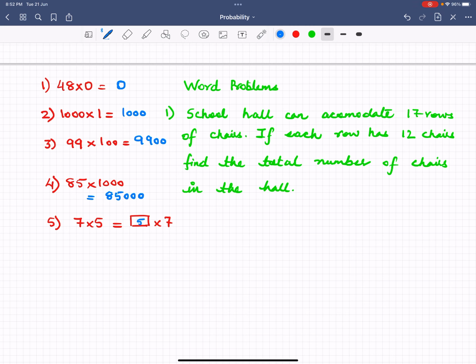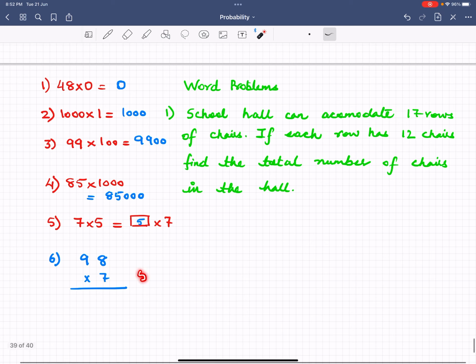Then for question number 6, we had a multiplication of a 2-digit number, 98, with a single-digit number, 7. 7 8s are 56. So here I'm multiplying 7 with 8.